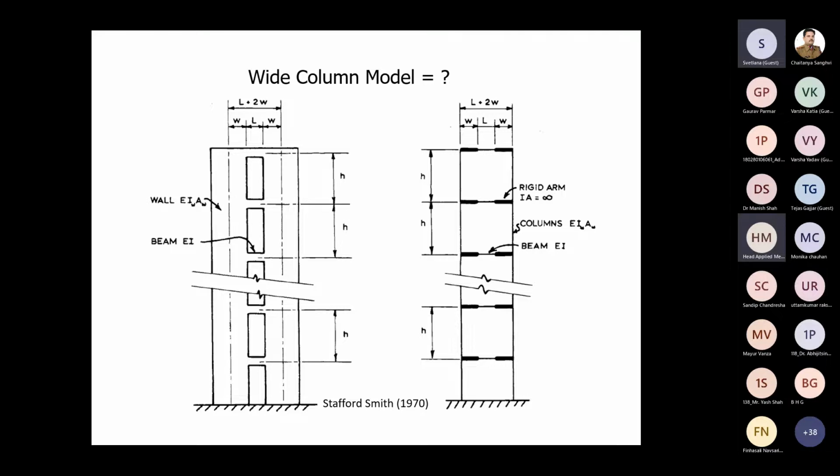So anyways, there are two different stiffnesses associated with the part of the wall that is within the length of the wall. So we have two properties, one is rigid and one is beam, as you can see, a rigid arm, or you can call it a rigid element. And then the beam element has the exact properties.